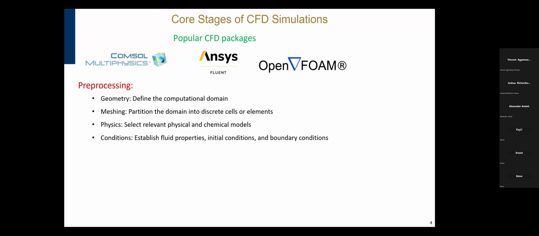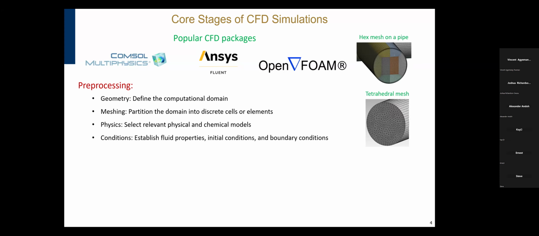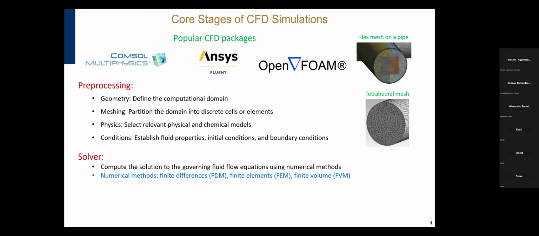And then you move on to the solution phase, where you end up having to discretize your governing equations, either through finite differences, finite elements, or finite volume. I must point out here that finite differences are usually not used in CFD because they are only restricted to relatively simple geometries. So now I've shown here some mesh elements for a pipe, for instance.